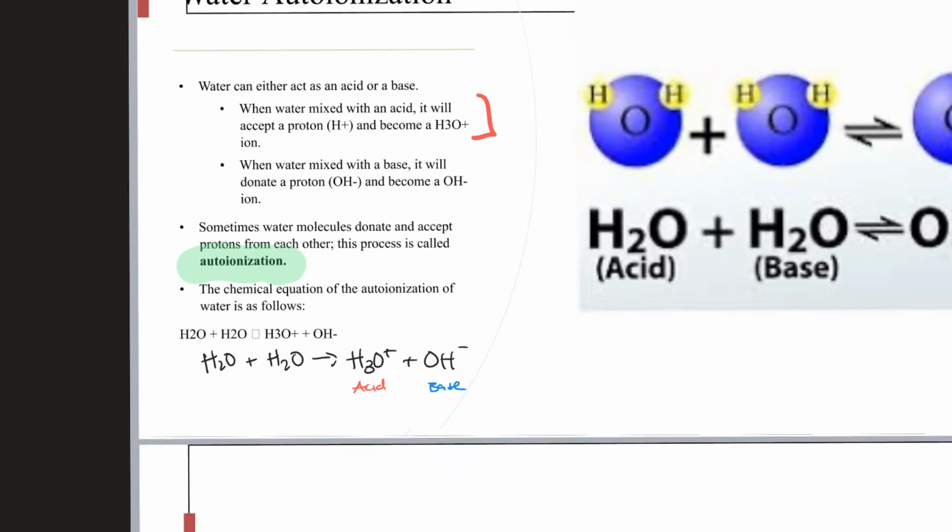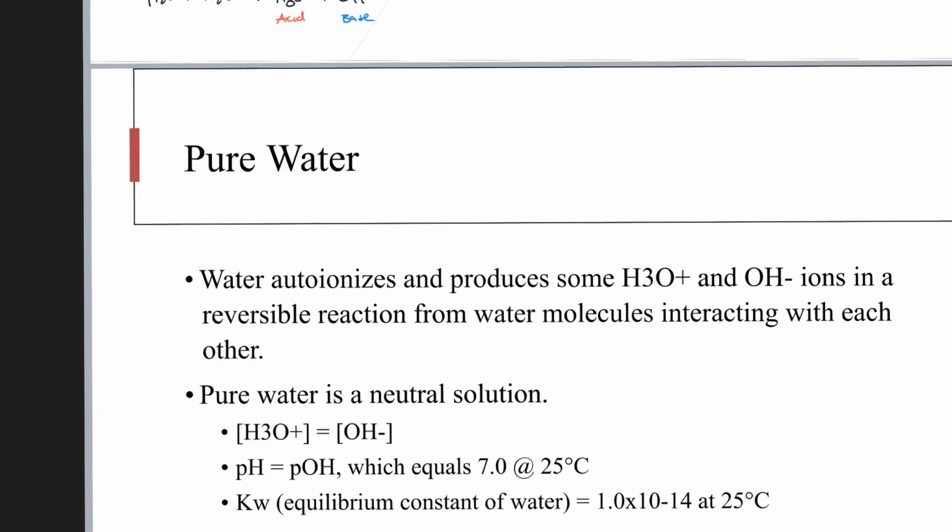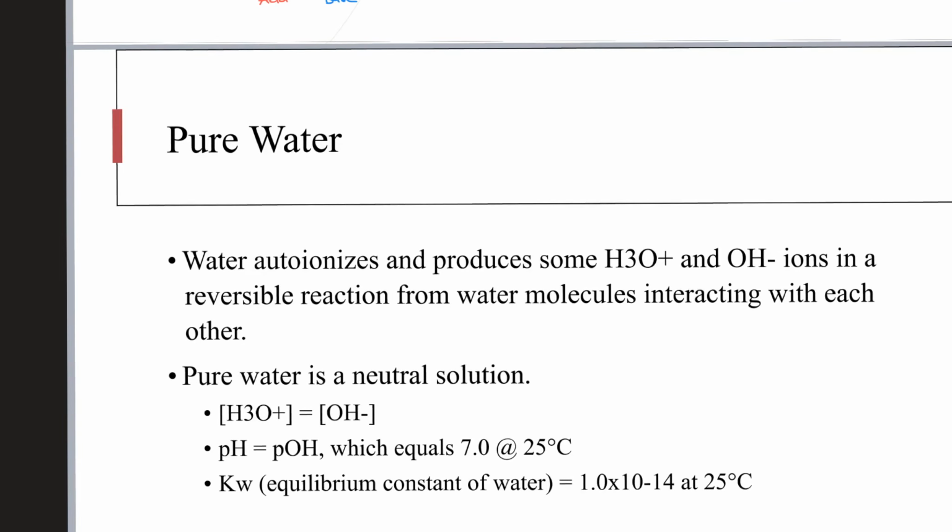Because water, when it autoionizes, produces H3O+ and OH-, this reaction is completely reversible. This also gives us the pH of pure water.